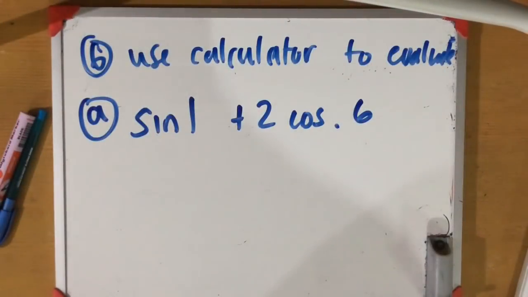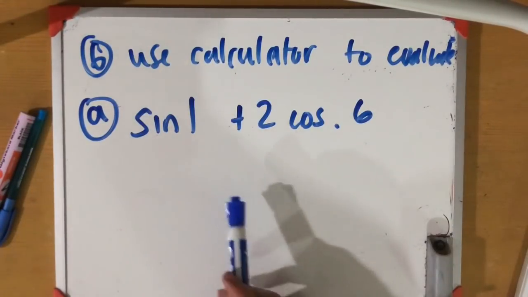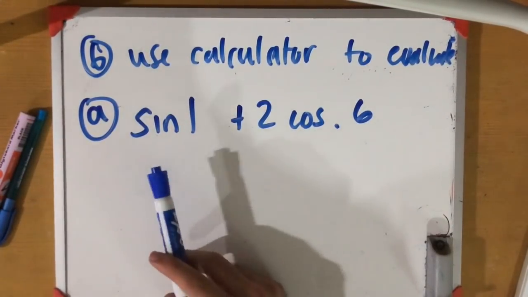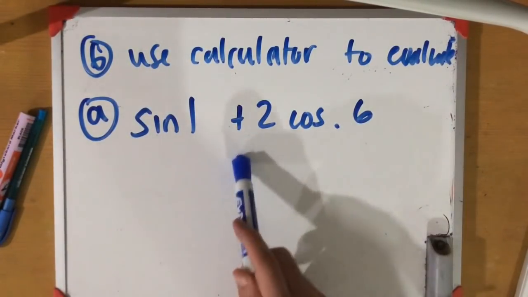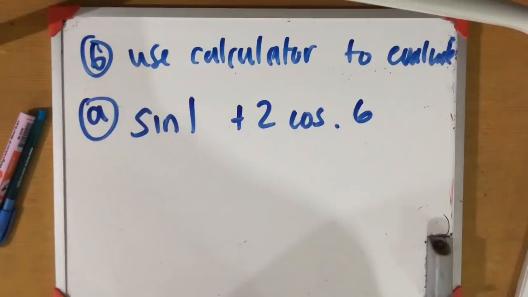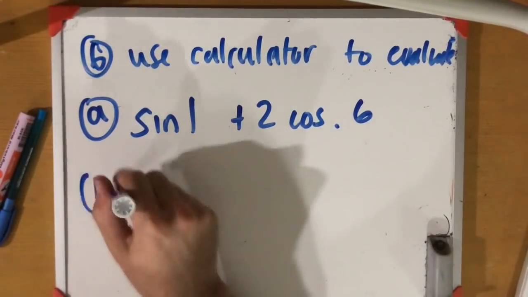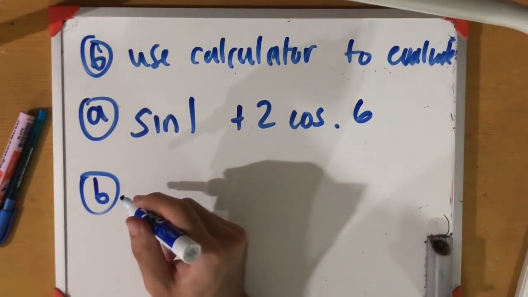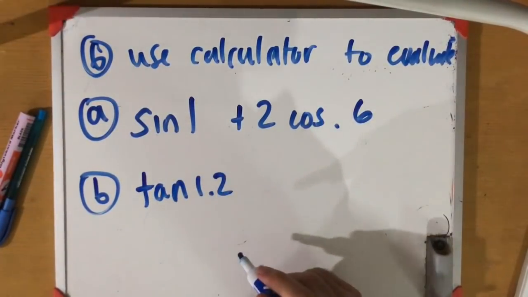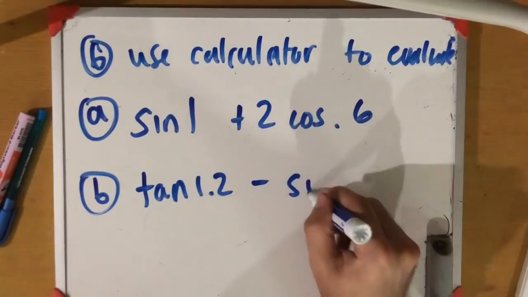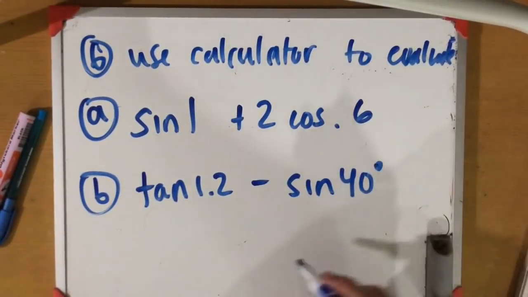All right, for 6A, 6B, and C, there's not much to say about this. You just have to know how to use your calculator. Again, for 6A, all this is in radians, and how I know that is because there's no degree mark. For example, if we compare that to B, B has tan 1.2, which is in radians, but minus sine 40 degrees.